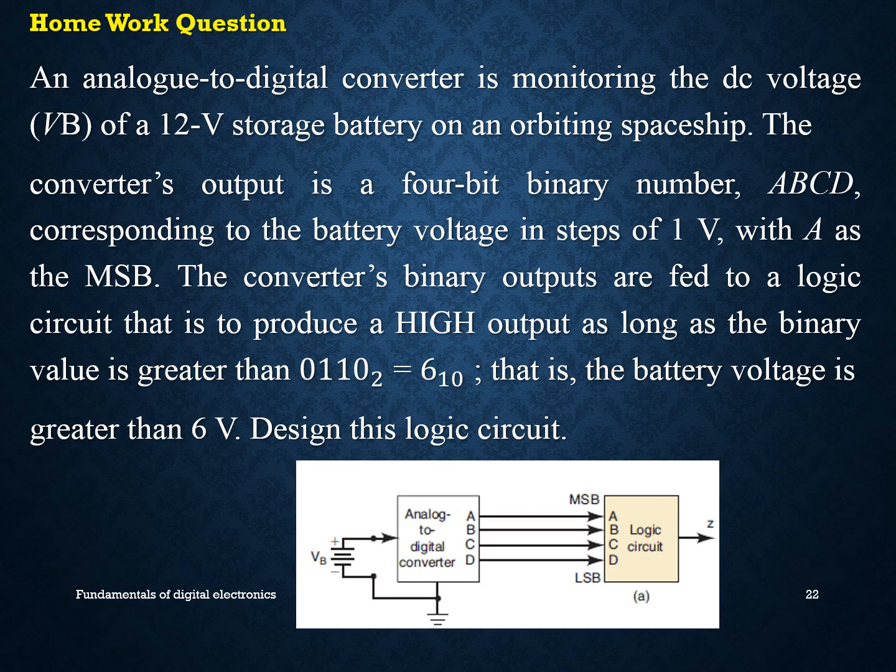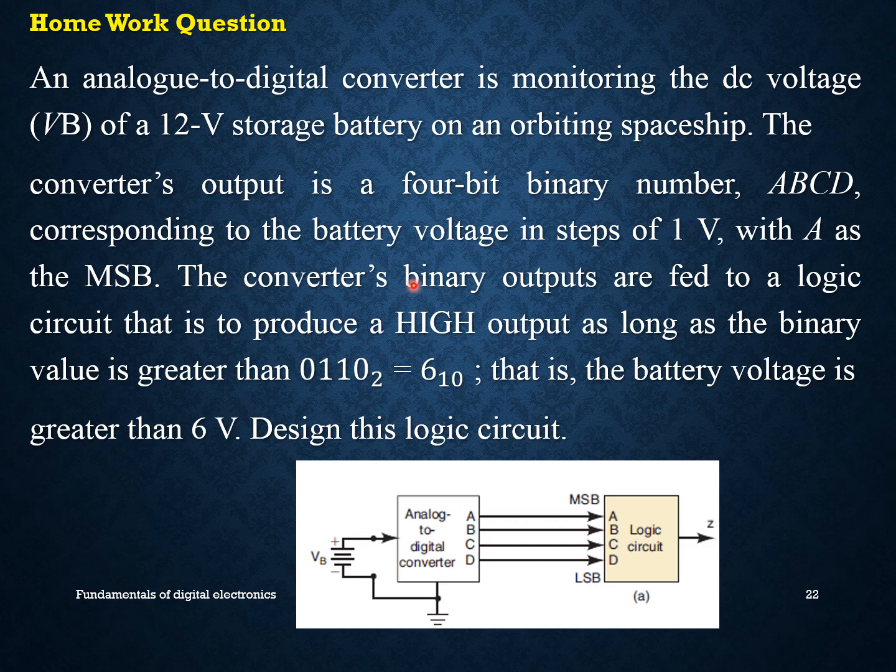This is a homework question. Read carefully. An analog to digital converter is monitoring the DC voltage of a 12-volt storage battery on an orbiting spaceship. The converter's output is a 4-bit binary number A B C D corresponding to the battery voltage in steps of 1 volt, with A as the MSB, the most significant bit.